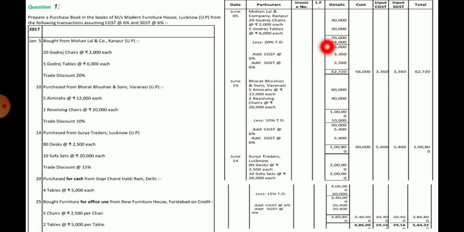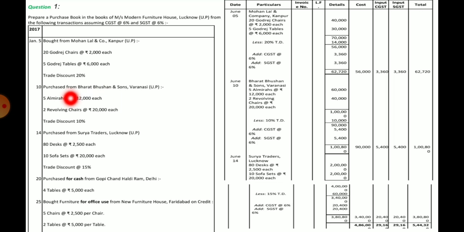Trade discount will be provided on 70,000, the total amount, that is 14,000, and 56,000 is the amount. You have to charge CGST and SGST on this 56,000. So cost is 56,000, input CGST is 3,360, SGST 3,360, and the total amount payable is 62,720.